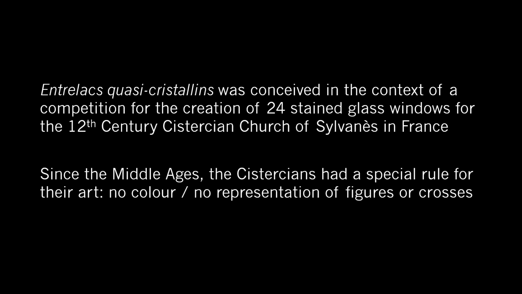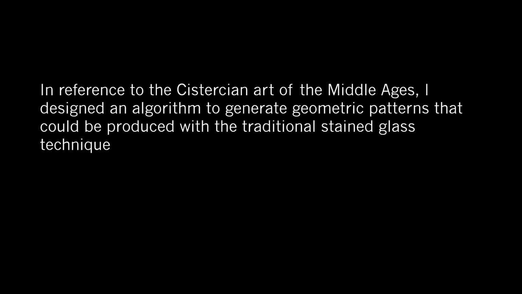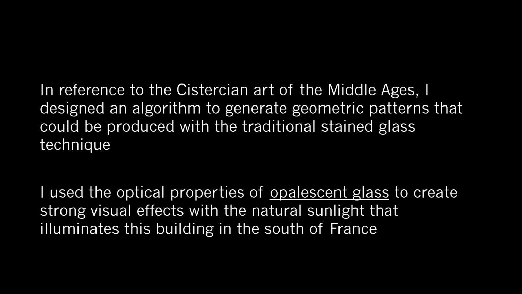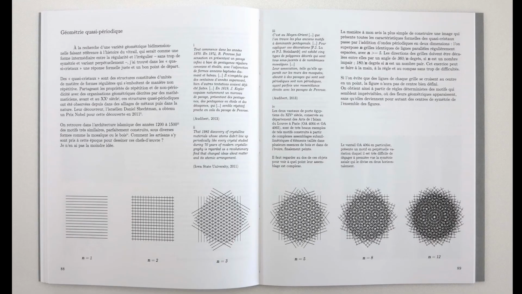because very quickly it faded. And so in reference to this art from the Middle Ages, I designed an algorithm that generated geometrical patterns that could be produced with a traditional stained glass technique. And I studied the properties of the glass, and in particular of the opalescent glass, in order to create visual effects through the interaction of the natural light and the glass.